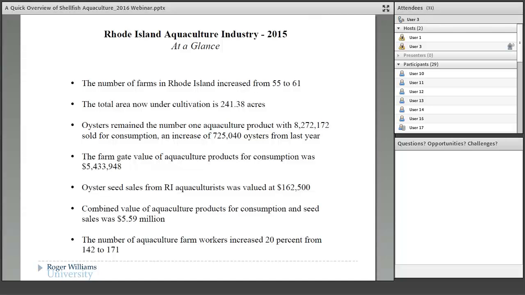Our combined sales for all oyster products in the bay was a little over $5.5 million. And the number of people employed by the aquaculture industry jumped by 20% in the past year.